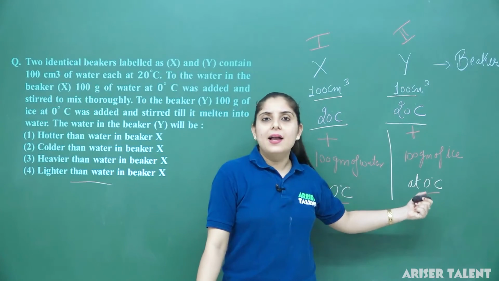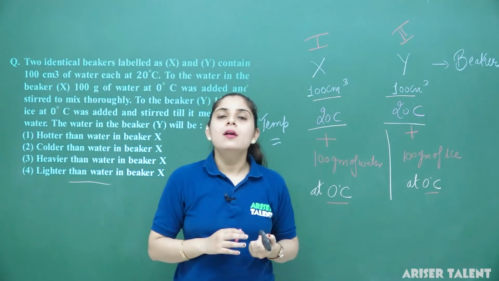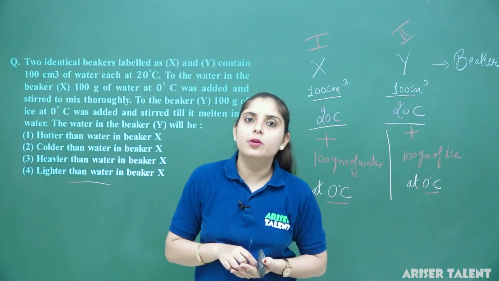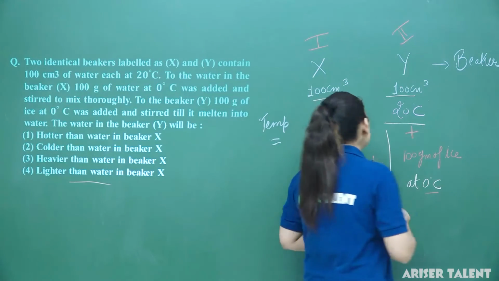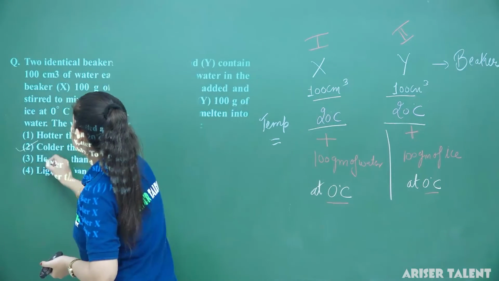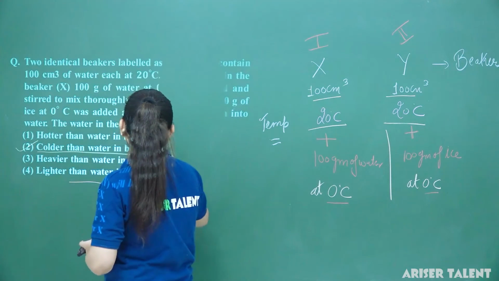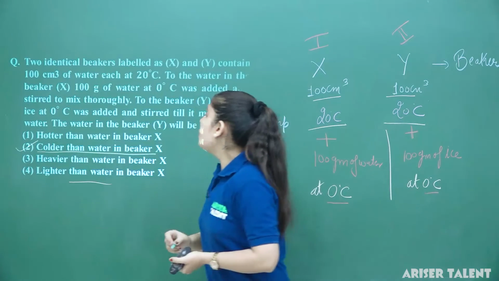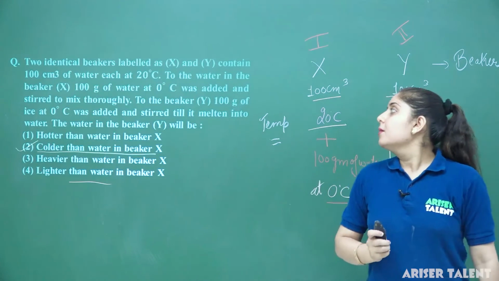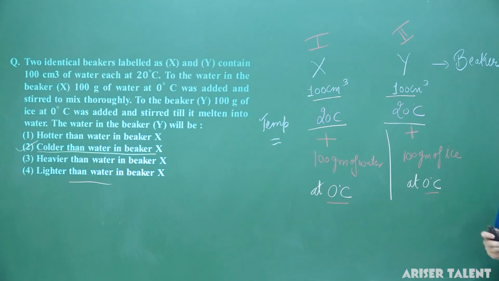Because we are adding ice to it, and ice at 0 degrees Celsius is colder than water at 0 degrees Celsius. So, which option is correct here? I can say that option number 2 is correct, because beaker Y will contain colder water as compared to beaker X. So, you can copy this question from here.